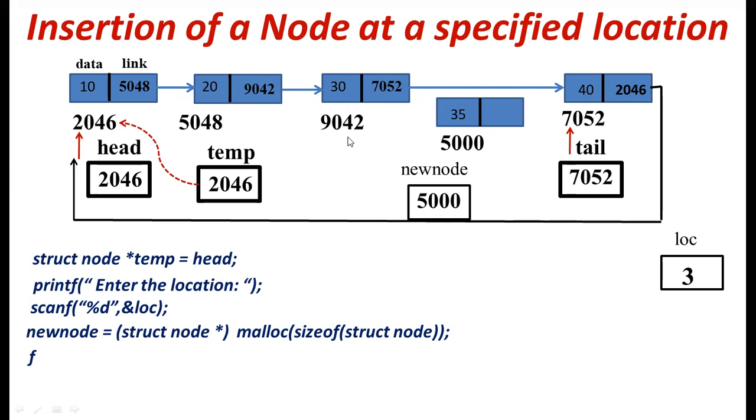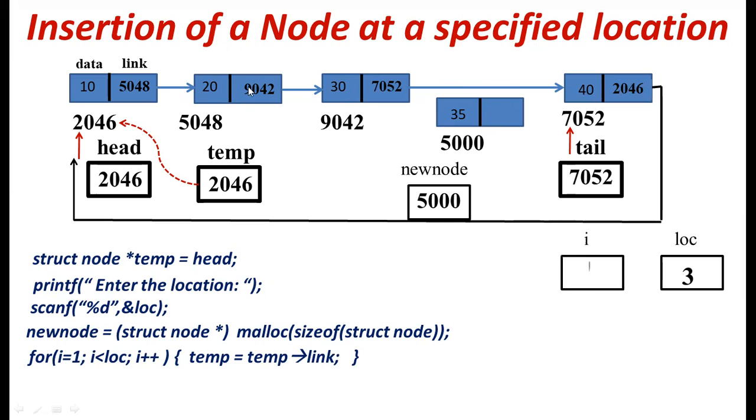For that, the logic we are writing is for i is equal to 1; i less than location; i plus plus, temp is equal to temp to link value. Now, my i value is 1. 1 is less than location value 3. Condition is true. So temp will be equal to temp to link. What is temp to link? 2046 to link is 5048. So 5048 will be stored in the temp.